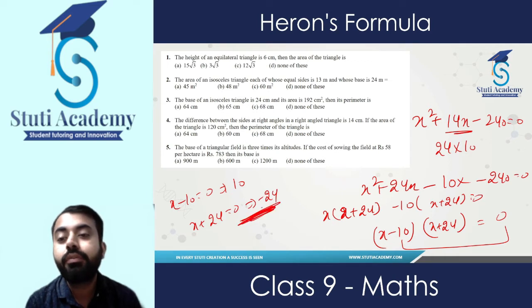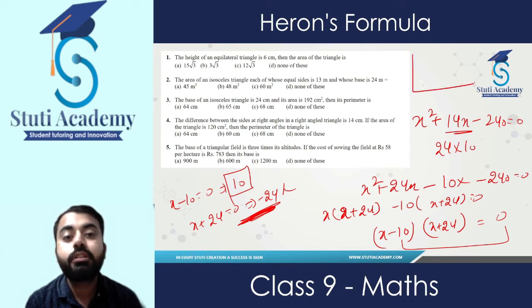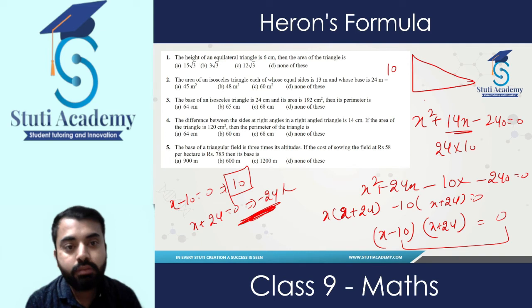Since the side of any triangle cannot be negative, discarding this, I got my x, which was 10. I had to find its perimeter. Now see, x was 10, then its sides will be 10 and 24.